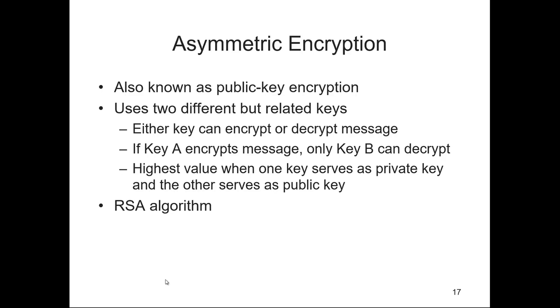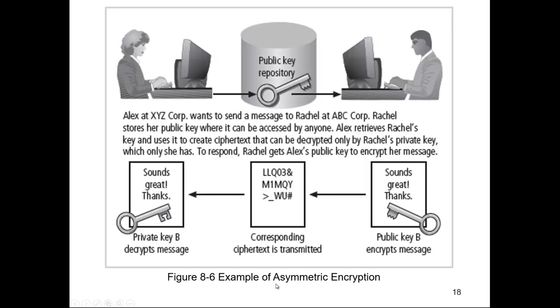Asymmetric encryption is not as efficient as symmetric encryption in terms of CPU computations. As a result, the hybrid system described in the section on public key infrastructure is more commonly used instead of a pure asymmetric system. This figure shows an example of an asymmetric system or encryption, which uses different but related keys.